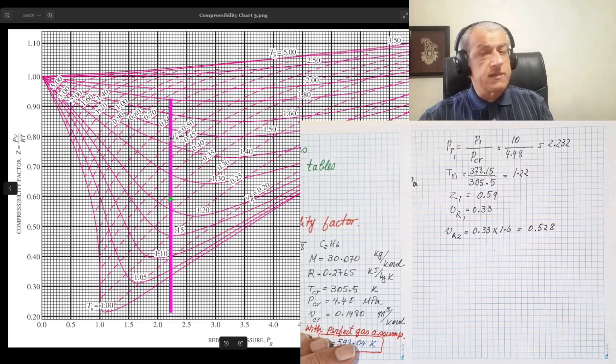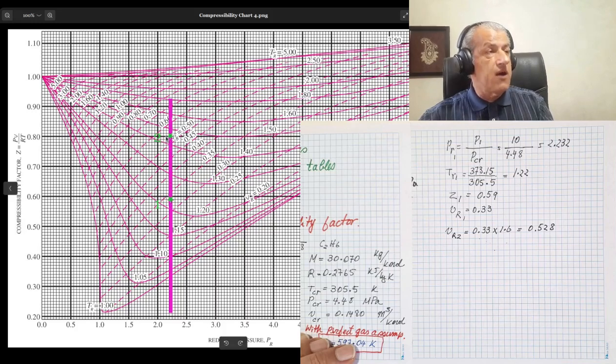Our process is constant pressure. So at the final condition, PR would be the same as at the initial condition. This would be our final condition, condition 2, and this would be our initial condition, condition 1, which are denoted in green.